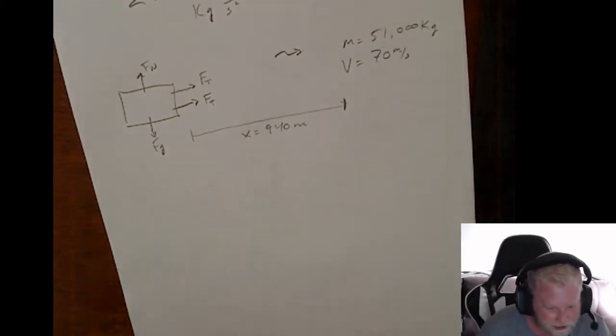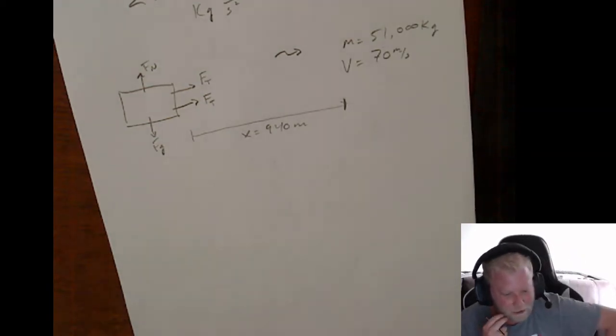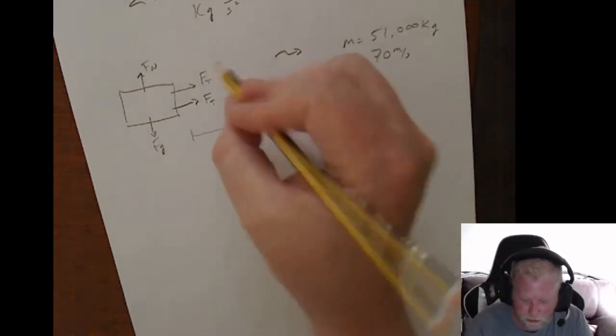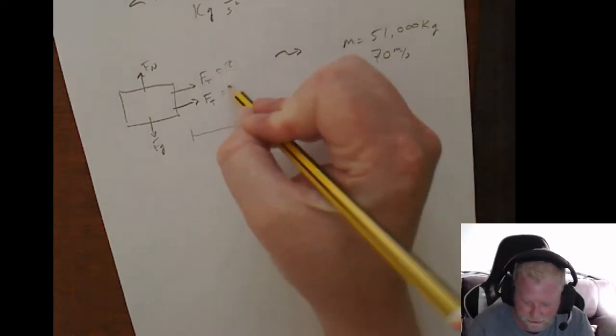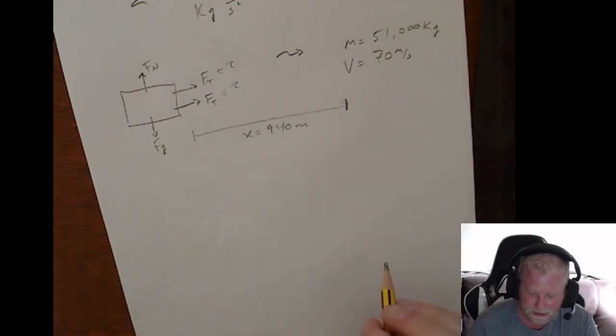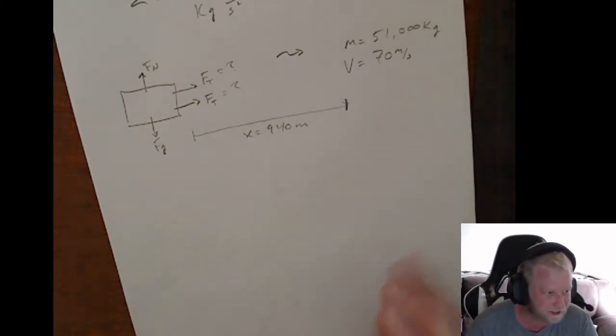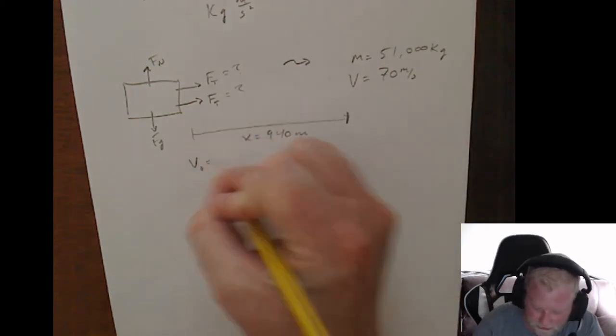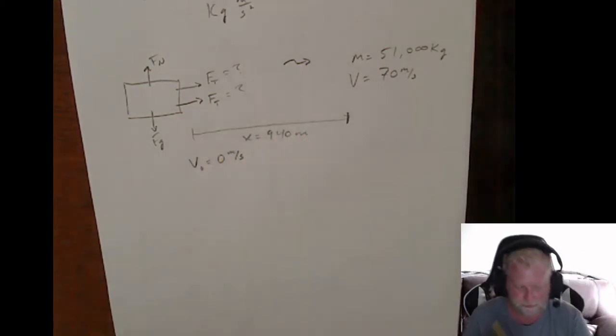We're given no indication of any sort of drag force or frictional force, so we don't have to worry about that. But we want to know what each one of these individual forces is. Now, there's one other assumption we can make. A plane on a runway: the initial velocity is going to be 0.